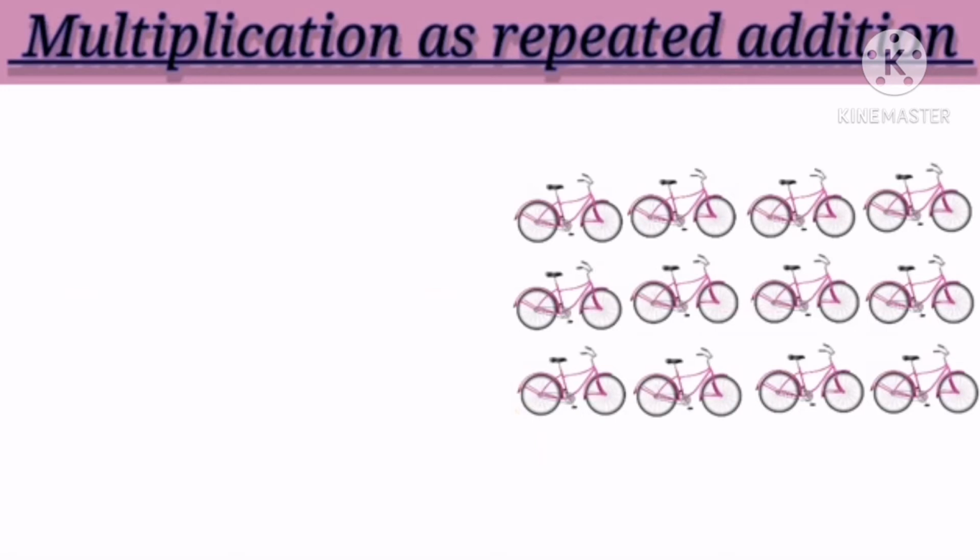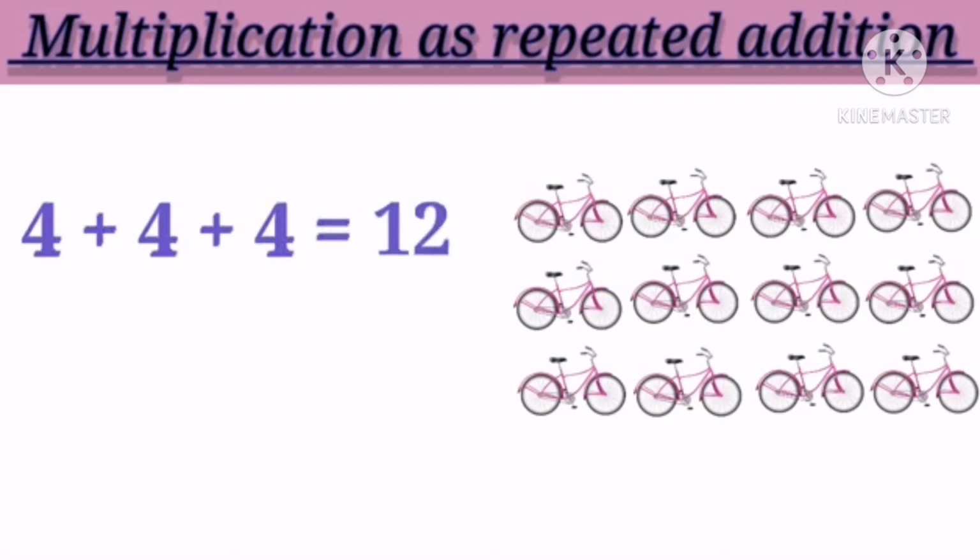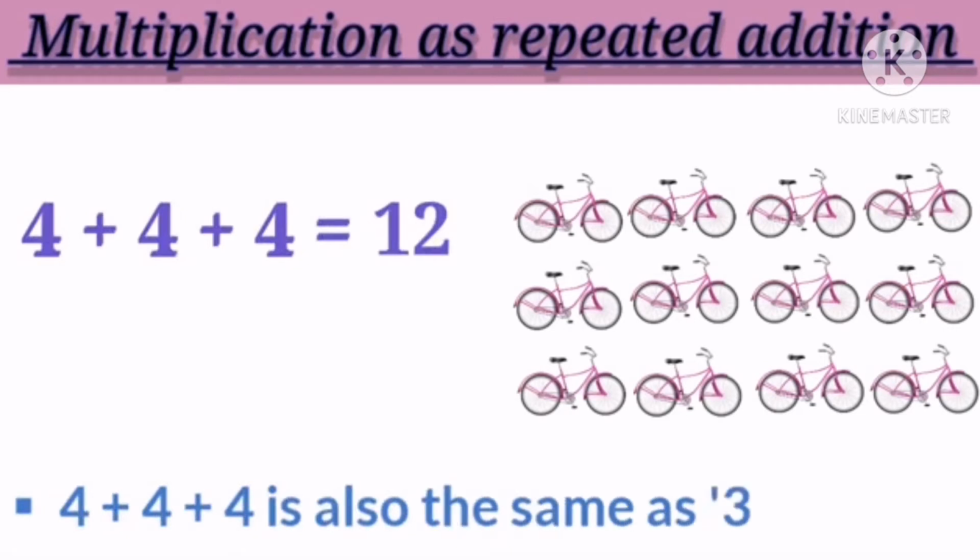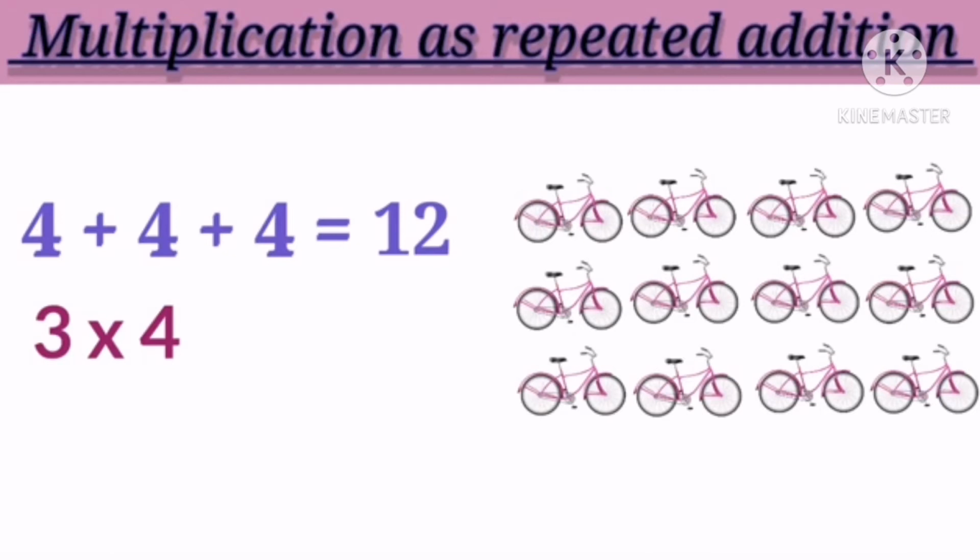Therefore, we have 4 plus 4 plus 4 is equal to 12 cycles. So 4 plus 4 plus 4 is also the same as 3 times 4. It can be written as 3 times 4, or 3 multiplied by 4, is equal to 12.